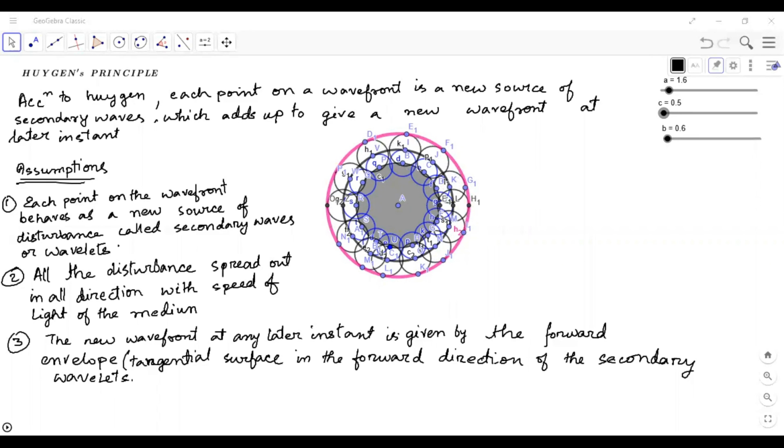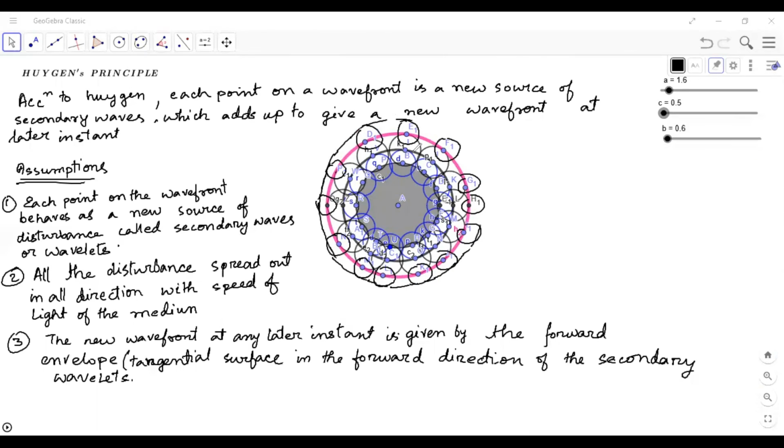Again, from each point source, you will be having circular wavefronts. And if you draw a tangential surface in forward direction, something like this, that will give you your new wavefront, a fourth version of the wavefront.